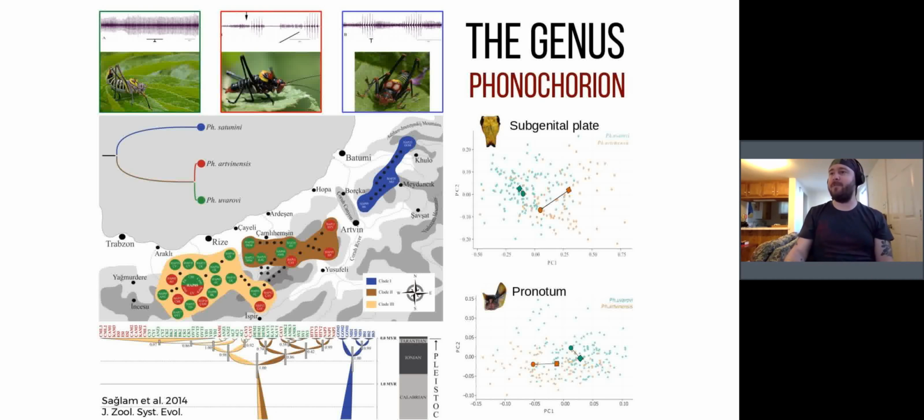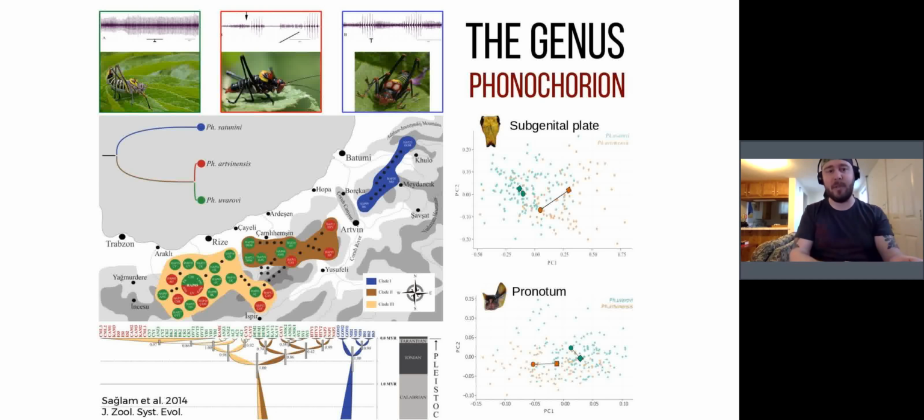You can see we have 3 species, and one species is isolated by a geographic barrier, and then you have 2 species which show range overlap. And the species that show range overlap are genetically very similar, at least more similar, but morphologically they're very different, and sound is very different as well.